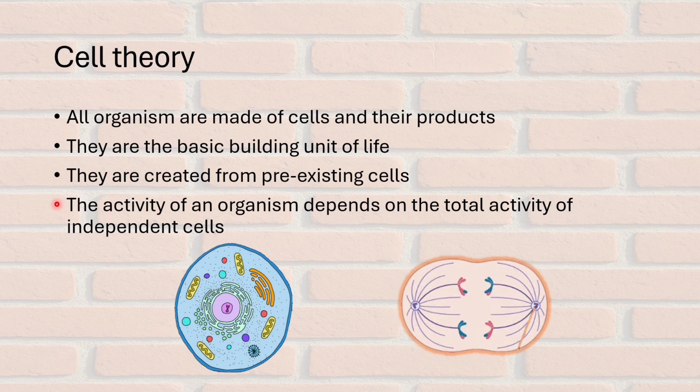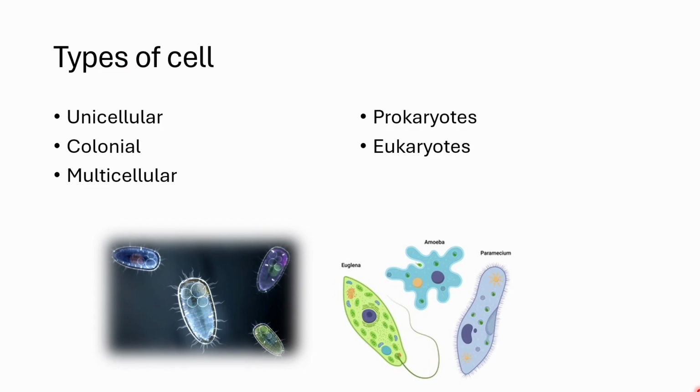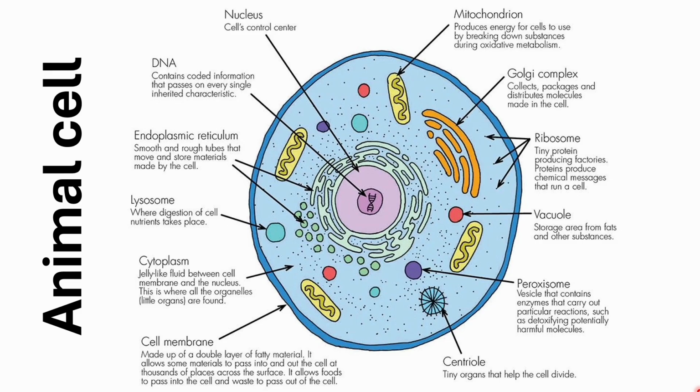Now there are different types of cells. Some cells are unicellular, some are colonial, some are multicellular, and they're also divided into two broad categories, the prokaryotes and the eukaryotes: the one which does not have a nucleus, and the other which does include a nucleus. Right here, we're going to study two types of cells in this video, the animal cell and the plant cell.